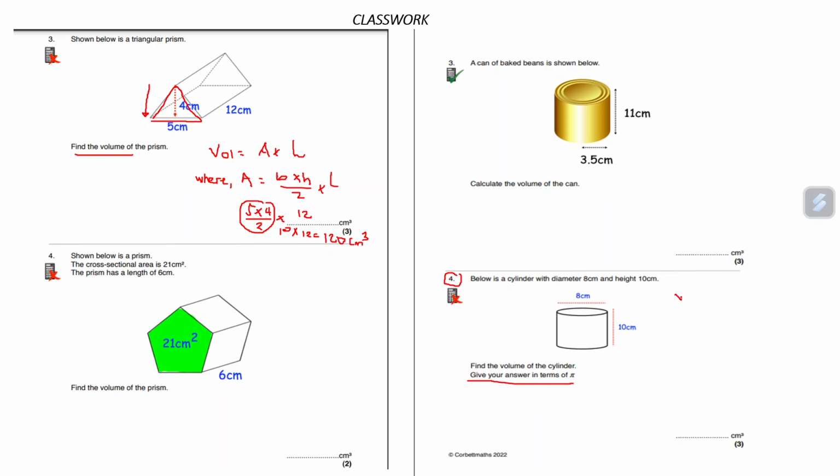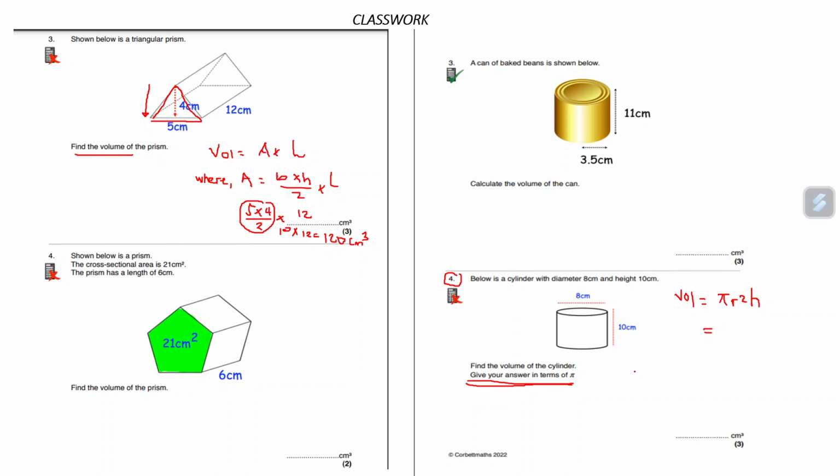First thing first, what's the volume of a cylinder? The volume of a cylinder is the combination of the area of a circle times height, which is pi r square times height. Remember, we are told to give our answer in terms of pi. Remember, this is a diameter.